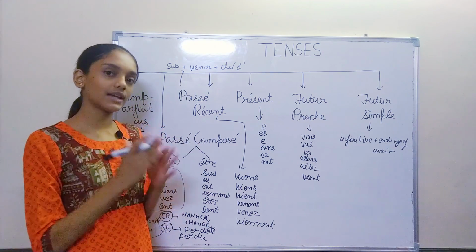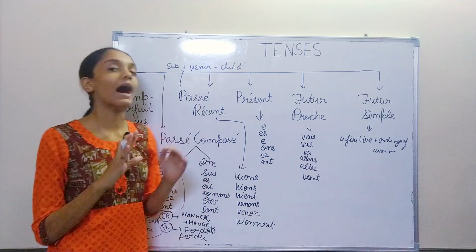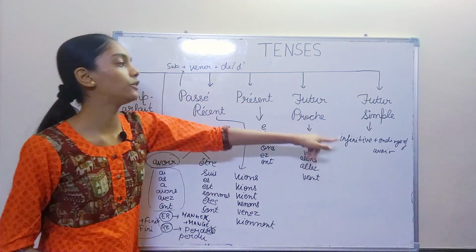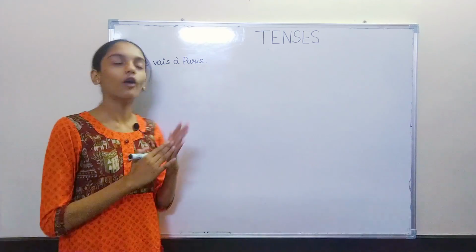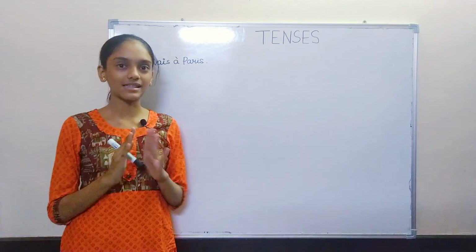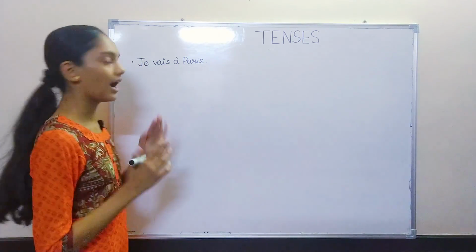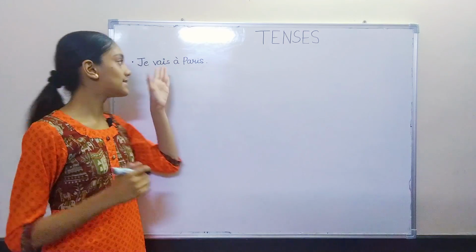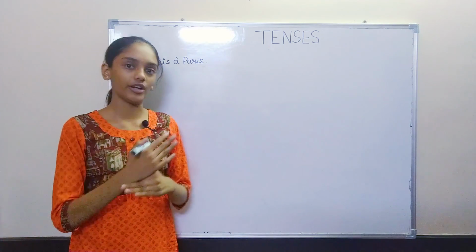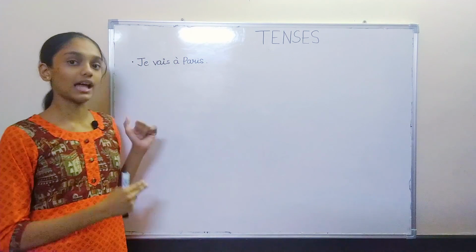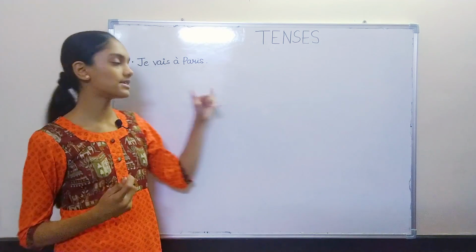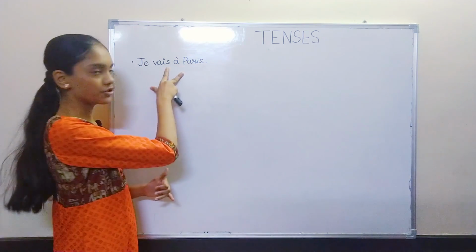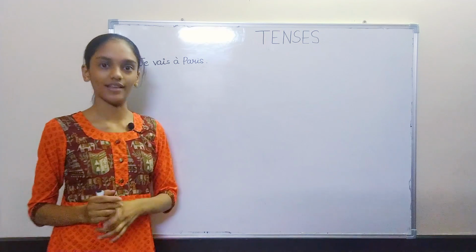Now, we'll take a common sentence and conjugate that same sentence in all these tenses. So over here, I've taken a very simple sentence, je vais à Paris. Now, we will conjugate it in the different tenses that we discussed in the last slide. There are a total of 6 tenses, and in these 6 tenses, we will conjugate the same sentence.